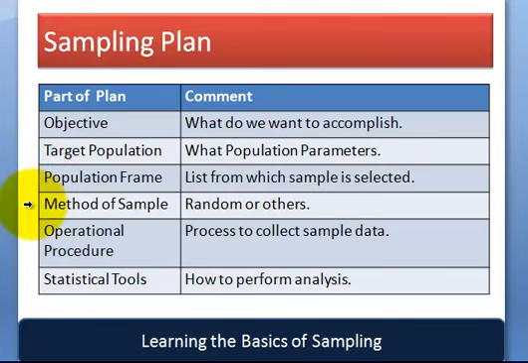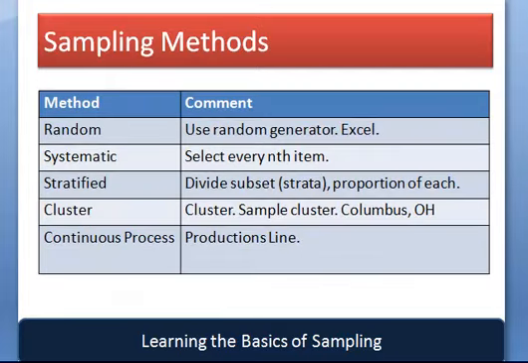Is it random or some other systematic way of sampling? What's our procedure to collect the sample data? And what statistical tools are we going to use? So these 6 elements all make up our sampling plan.